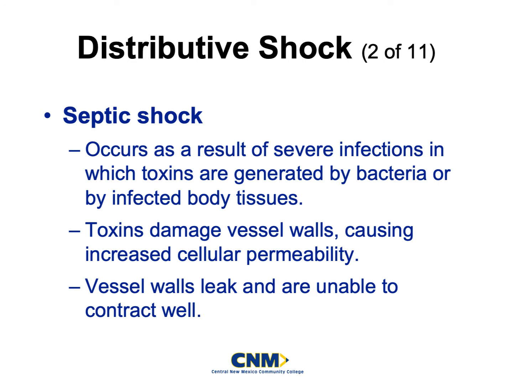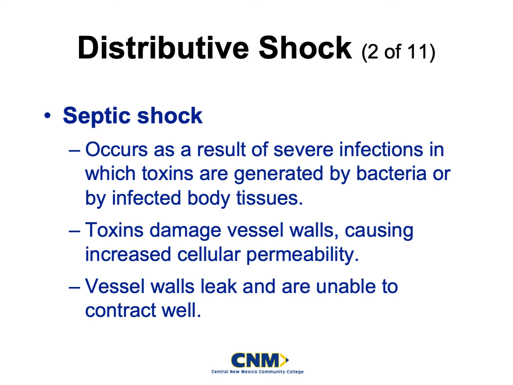Basically, septic shock occurs as a result of a severe infection in which toxins are generated by bacteria or by infected body tissues themselves. Okay? Anytime you get an infection, that infection can lead to septic shock if it's not treated.